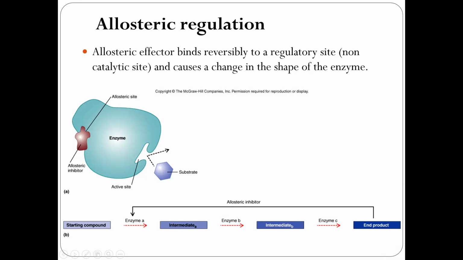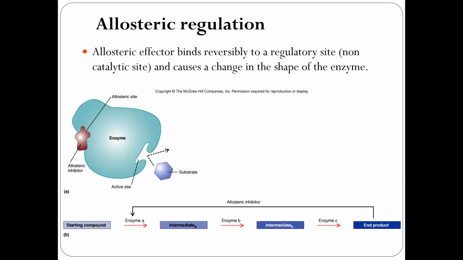I also want to mention that lots of the time, the end products have feedback effects on the enzyme. In a very short period of time, bacteria need to make sure the biochemical reaction is efficient. If too much product is generated, they say, please stop the reaction, because if you generate more product, you're wasting time and energy. So end products will impact the enzyme through the metabolic pathway.